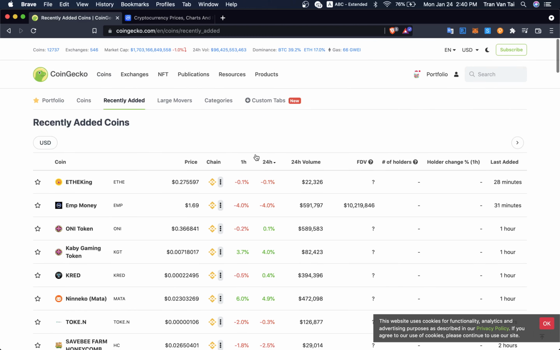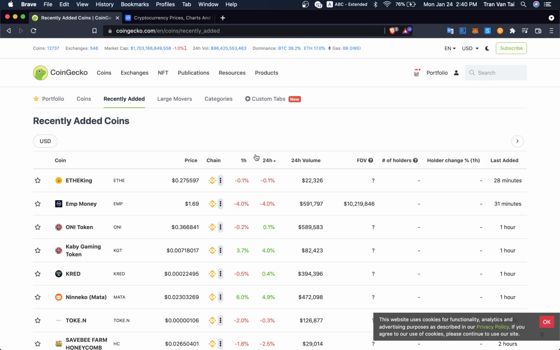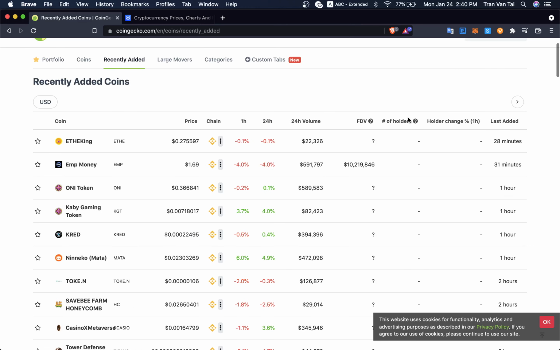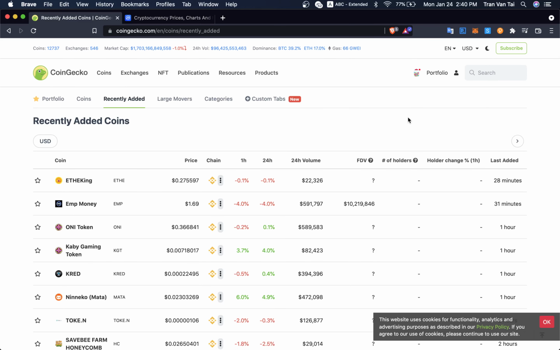It is quite risky and dangerous if you buy a new token, because in the seed sale or private sale they buy with a price that is really low.